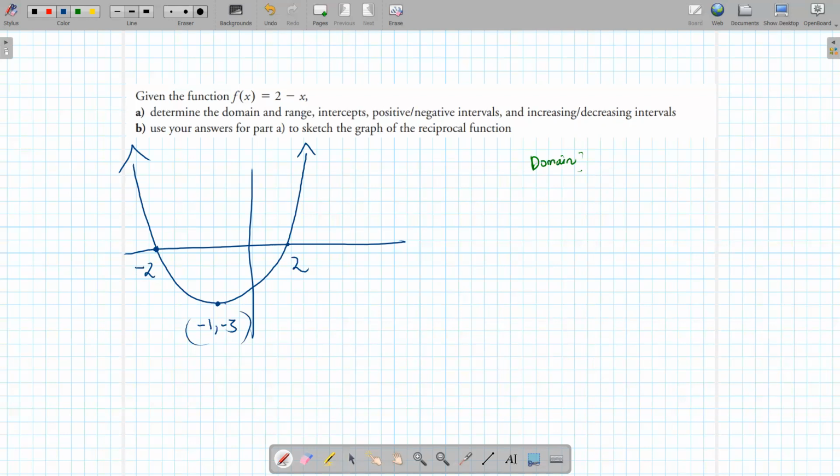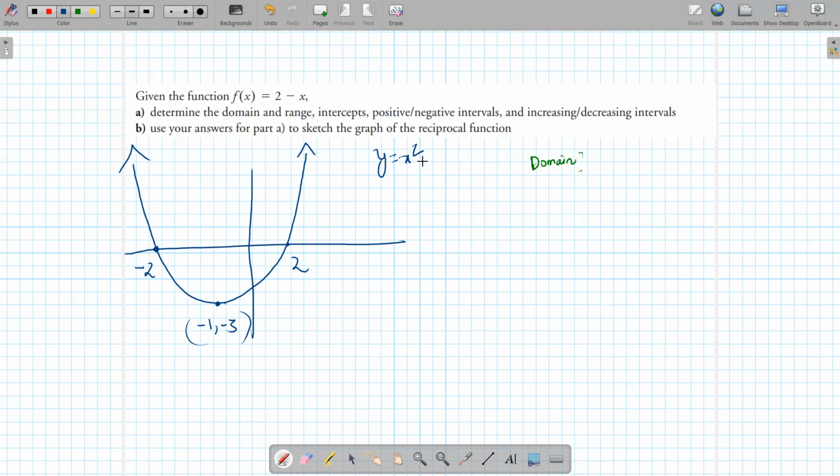It's a parabola opening upwards. So what's that x to the power of? 2, right? That's x squared. Is x squared a polynomial? Yes, it is.